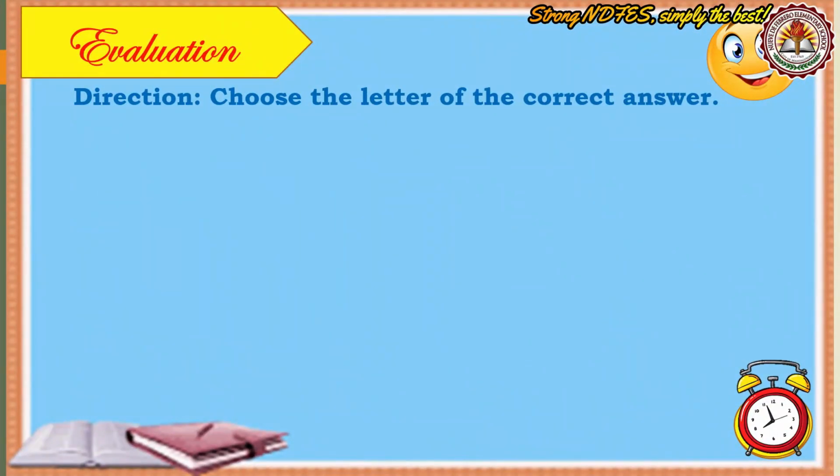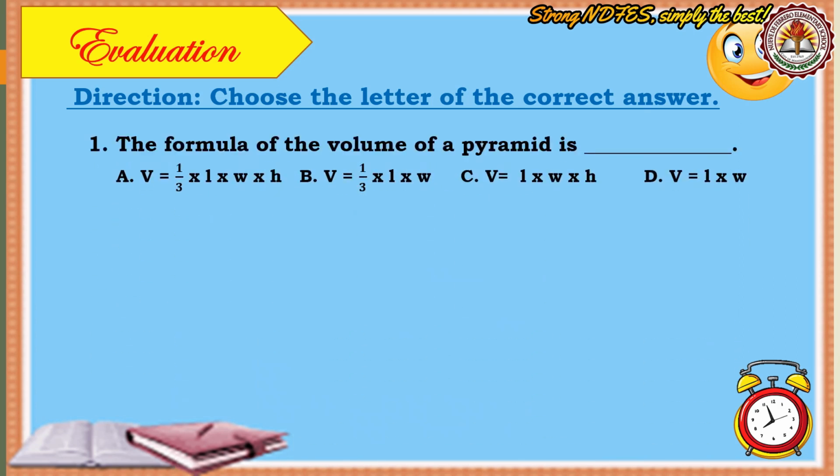Let us now finally check your understanding about the lesson. Are you ready, children? So let us answer this evaluation. Direction. Choose the letter of the correct answer. Write your answer in your paper. Let's begin. Number 1. The formula of the volume of a pyramid is blank.